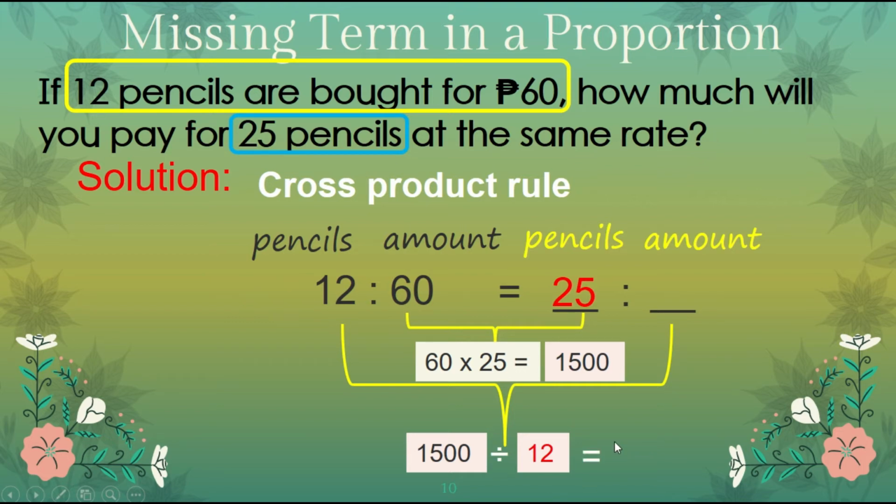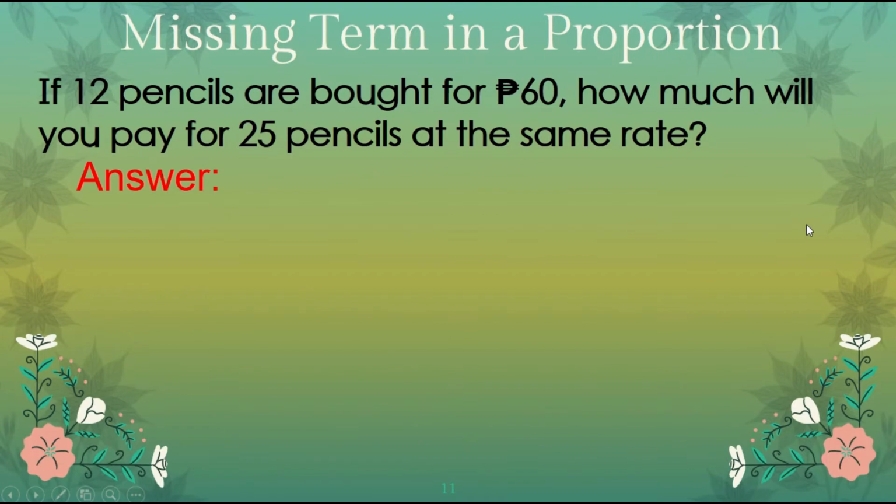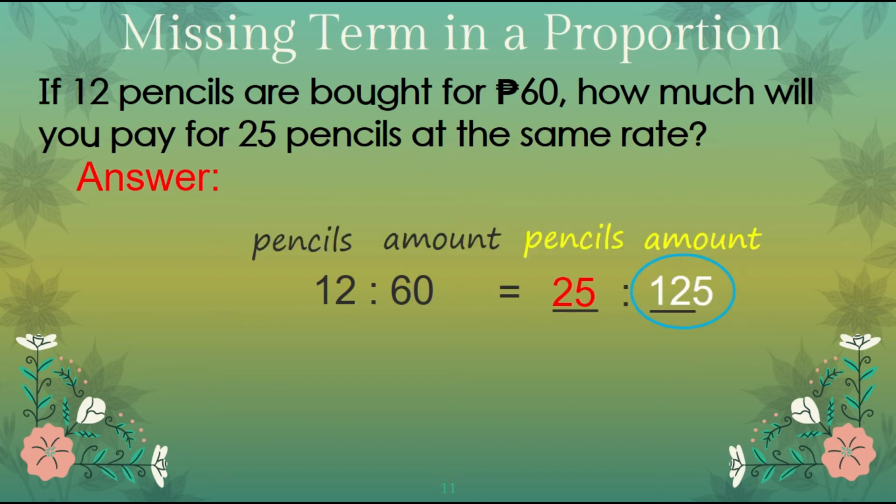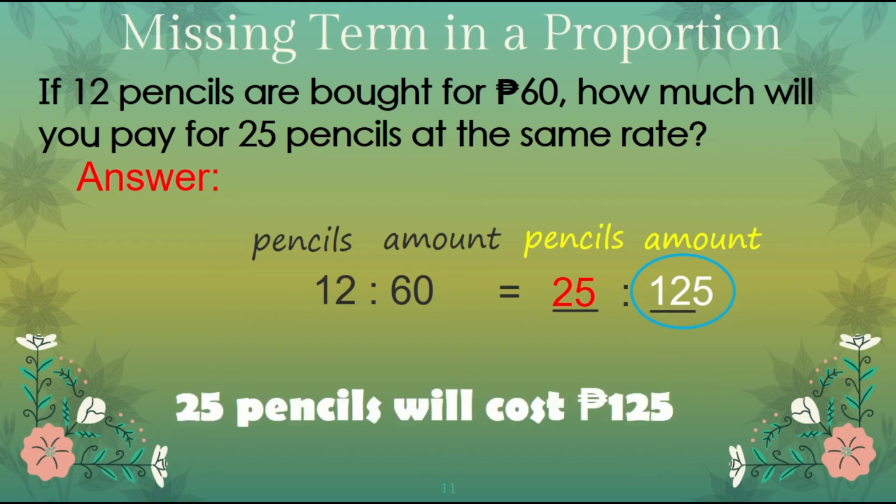So the answer is 125. That should be the missing term in this proportion. 12 is to 60 as 25 is to 125. So the answer to our problem is 25 pencils will cost 125 pesos.